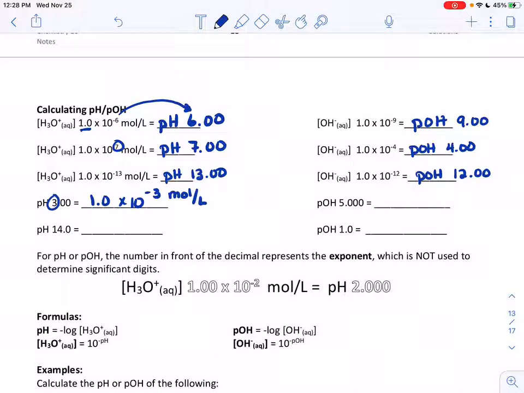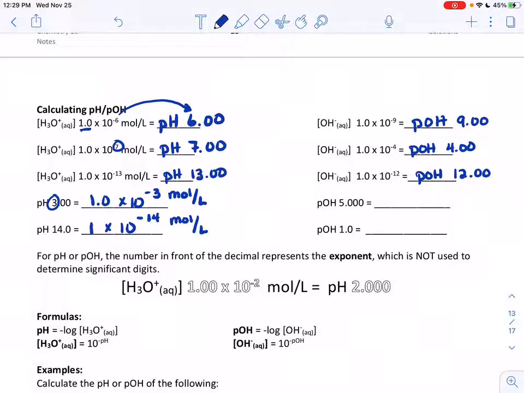Okay, don't get into the habit of leaving out your units just because we don't have them for pH and pOH. Concentration afterwards does have a unit. Please don't forget that. And this one then, 14.0, this is going to be 1 without a 0, and you'll see why here when I show you how to do significant digits with pH and pOH.